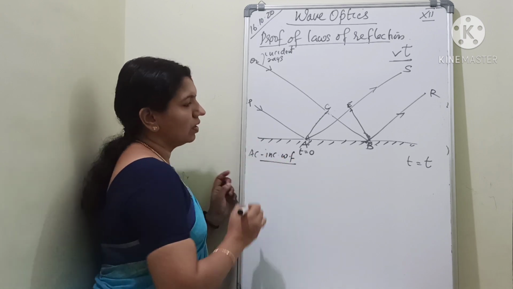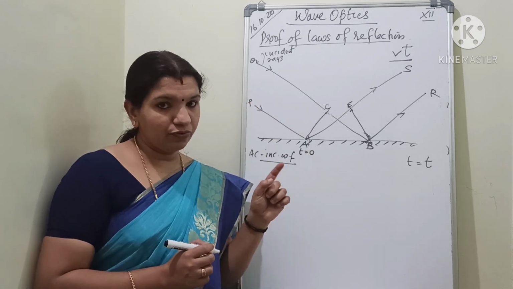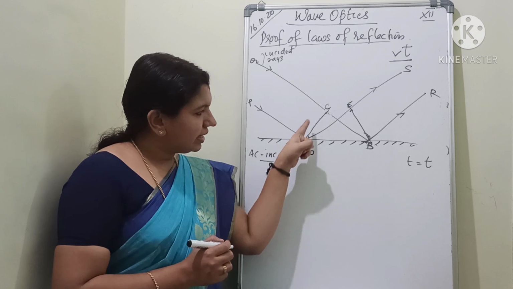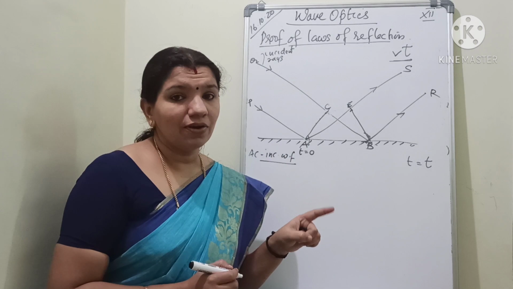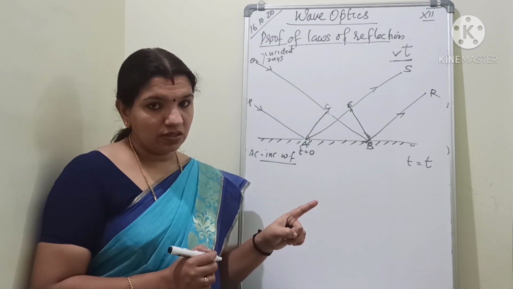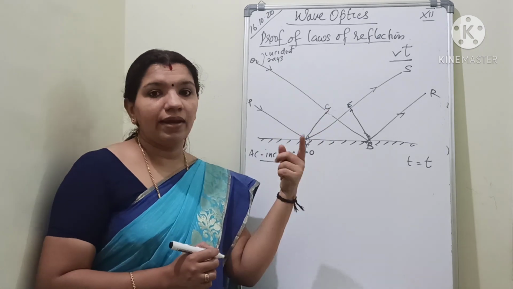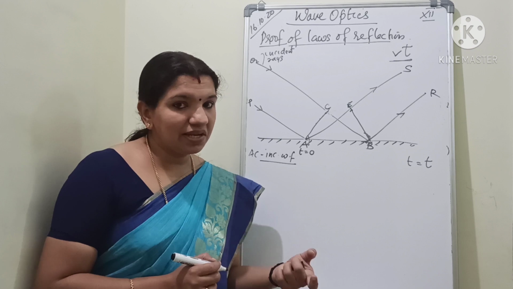Clear? Now I have to form the new wavefront. For that, we know that in this wavefront AC, each point will act as a source of secondary disturbances, isn't it? So here from this particular point, if I am drawing an arc with a radius of V into T. What is that V into T?